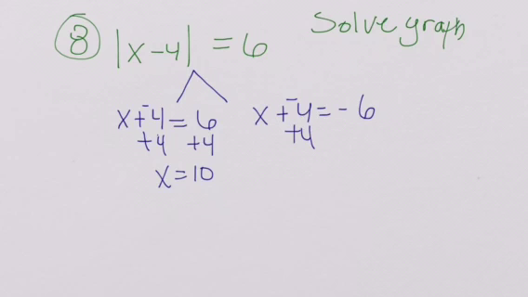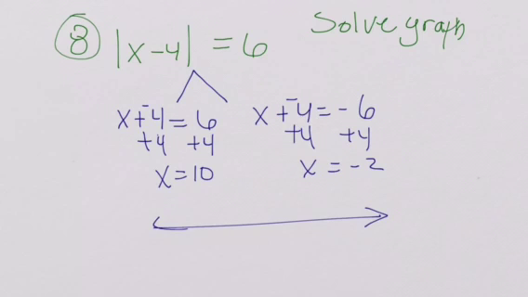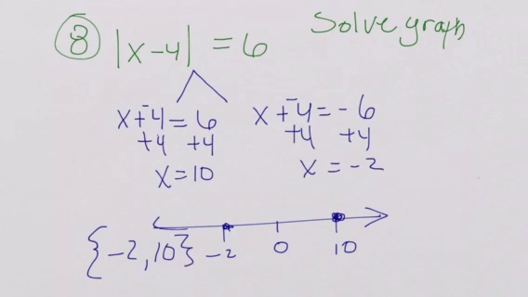Zero pair out your 4. X is equal to negative 2. I'm going to go ahead and graph 0, negative 2, 10, closed in circles, and of course if we are writing our solution set, the negative 2 and then the 10 is going to be written.